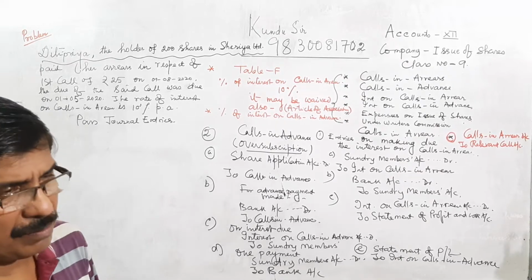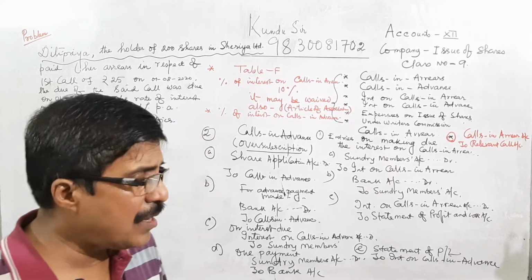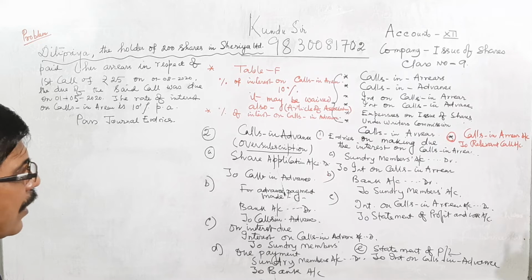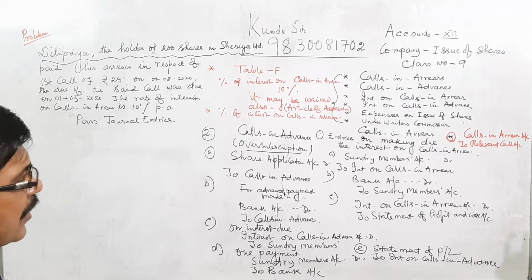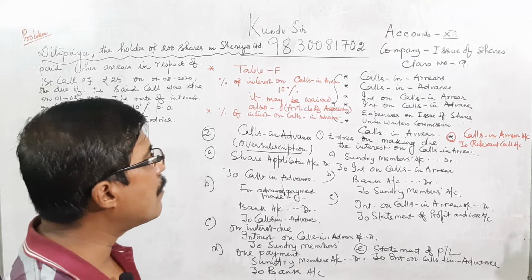As and when the member pays the amount, the entry is bank account debit to sundry members account. We have made the due entry under 1A: sundry members account debit to interest on calls in arrear, then bank account debit to sundry members account.